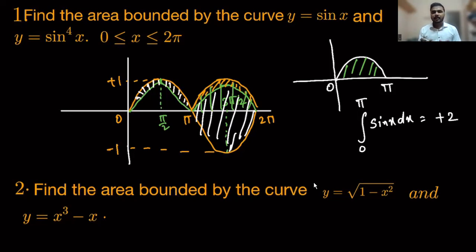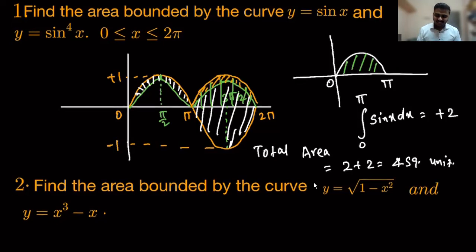The sin x area from pi to 2 pi will be 2 square unit, so 2 square unit for the upper part and 2 square unit for the lower part. So the total area should be 2 plus 2, that is 4 square unit. You can see the beauty of this question. What I did in this question is just cut and paste, and finally I get my answer. Really, it's a very beautiful question.